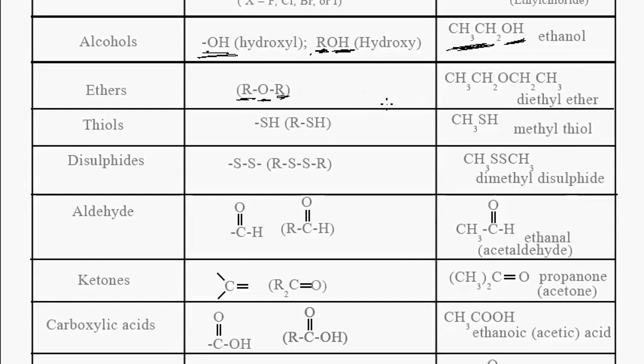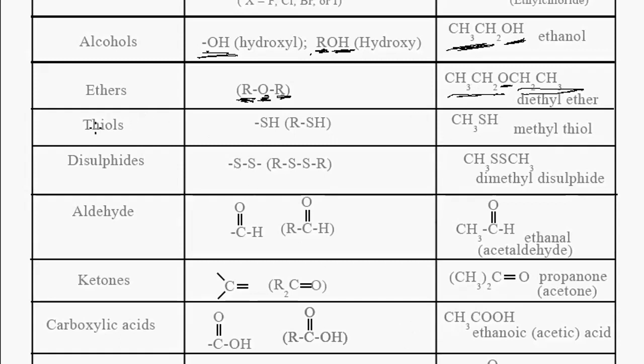So here I will have a central oxygen atom attached to two alkyl groups. A good example of this is diethyl ether, where I have an ethyl here and an ethyl here. So these are two alkyl groups attached to an oxygen atom.